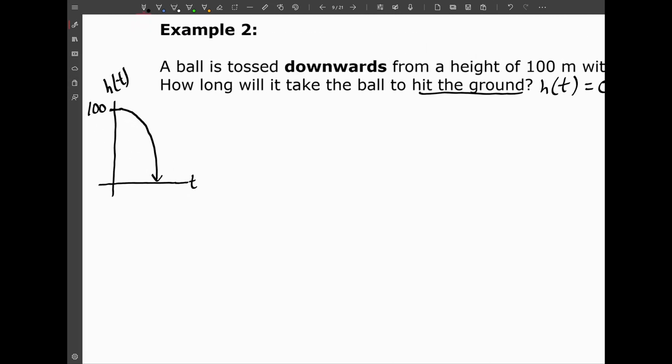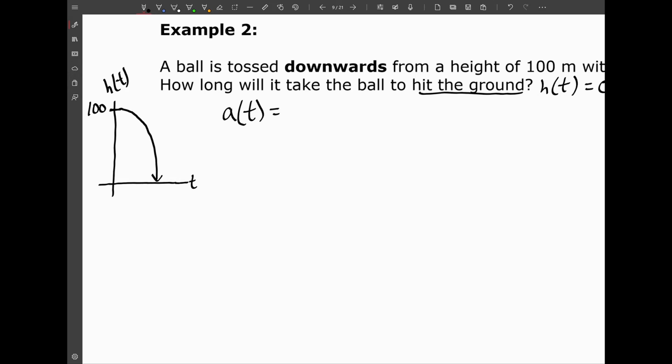So to do this, the first thing I need to establish is some kind of numbers to work with to help me out here. If I'm talking about something falling downwards, we're given an initial velocity of 10 meters per second. But we have to take acceleration into account, because you might throw the ball and give it an initial velocity, but if it's falling downwards, we all know the acceleration acting on it, that's gravity.